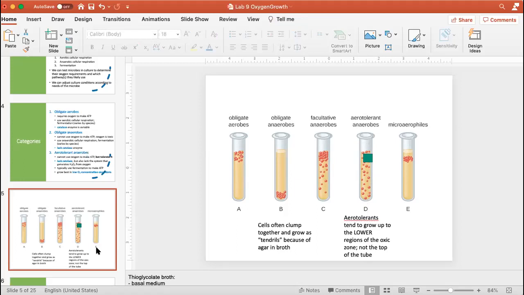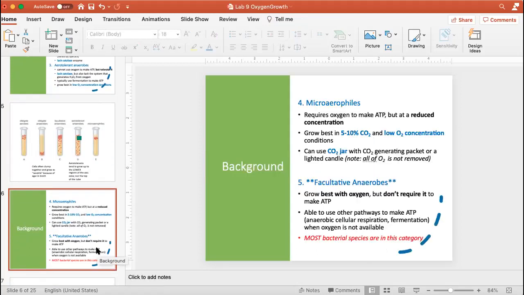All right, let's look at these other two categories now. The fourth category is the microaerophile. Now, if you translate this word, remember micro means mini or small, or microscopic for us. Aero refers to air, and phile or philic refers to love. So a microaerophile likes a small amount of air.